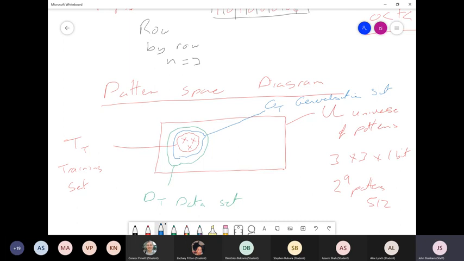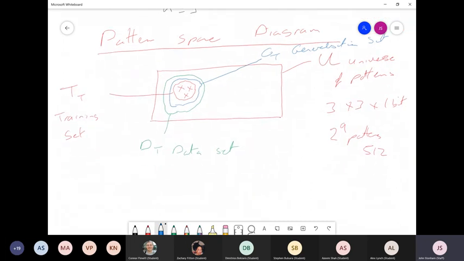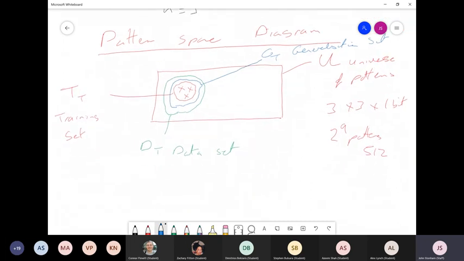And if the system is going to work and earn us money and solve problems, ideally, GT, the generalization set, should be equal to DT. If those 2 sets can be made the same, the problem has been solved.